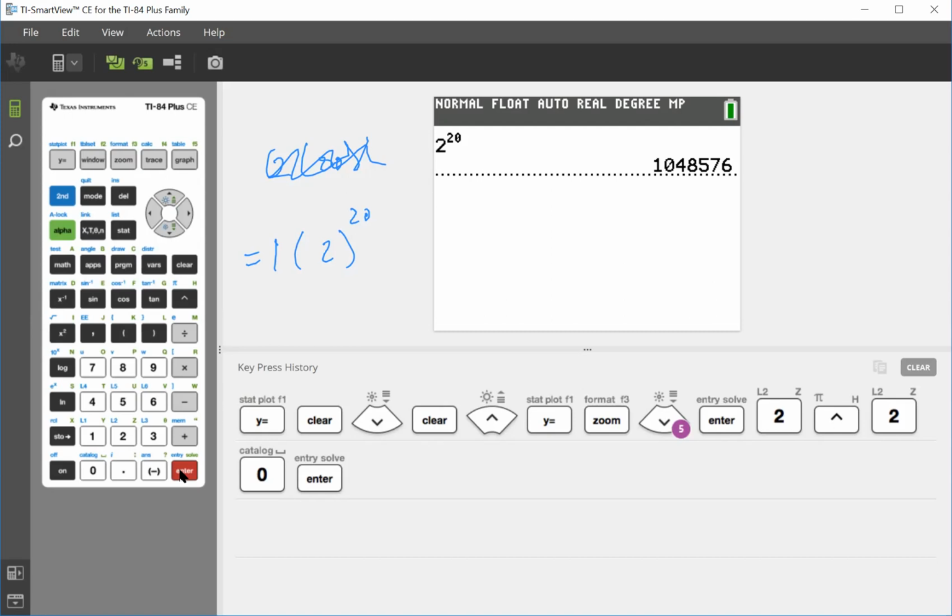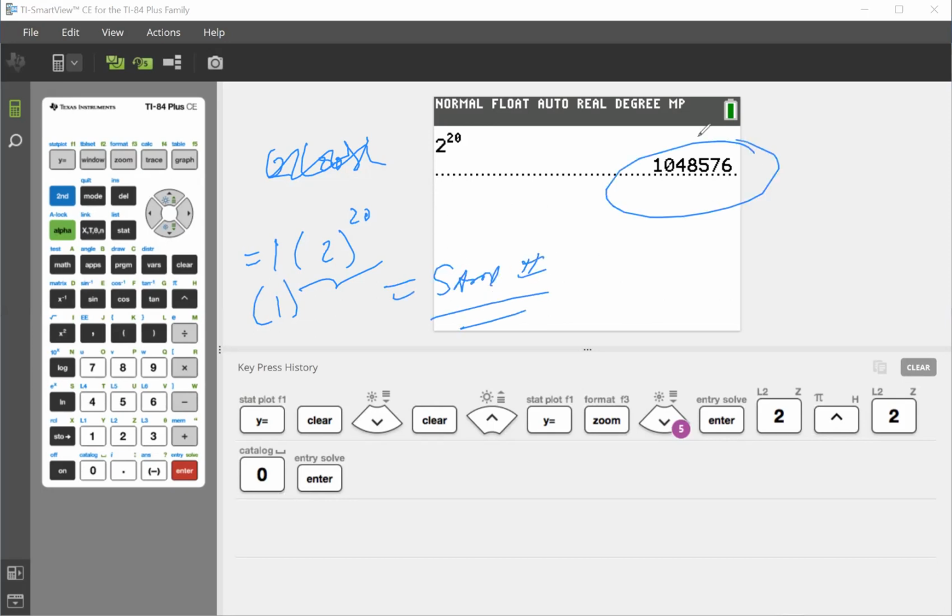So you'd have 1,048,576 pieces of paper. Now you could take that number and multiply it by 1, but you get the same number. Okay, so this would be your answer. So hopefully you're okay with that.